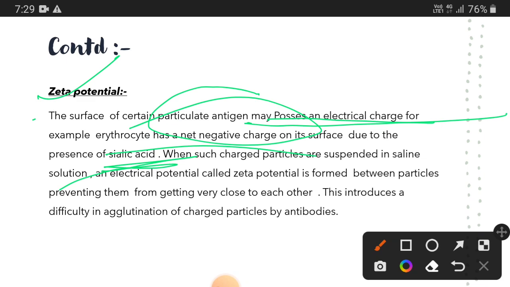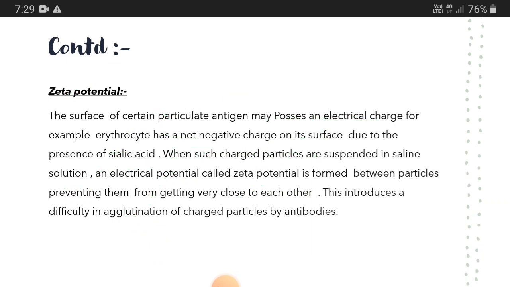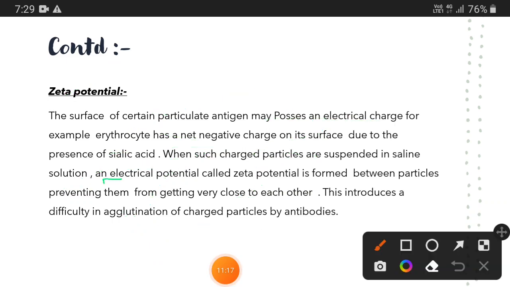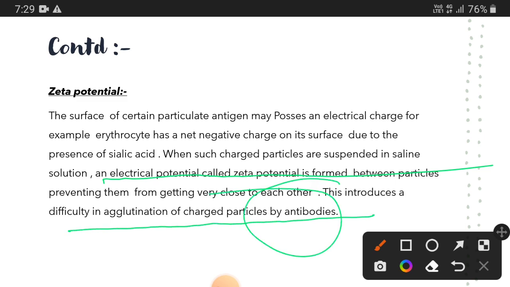Due to the presence of those charges, when those charged particulate antigens are suspended in a saline solution, there will be formation of an electrical potential called zeta potential. This zeta potential prevents particles from getting very close to each other. This introduces a difficulty in agglutination of charged particles by antibodies.